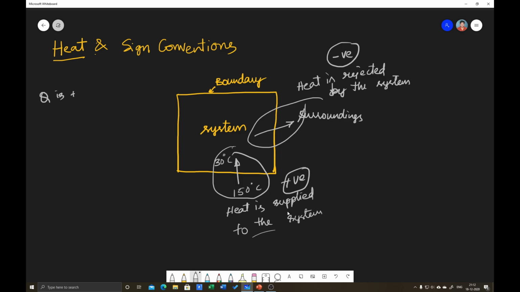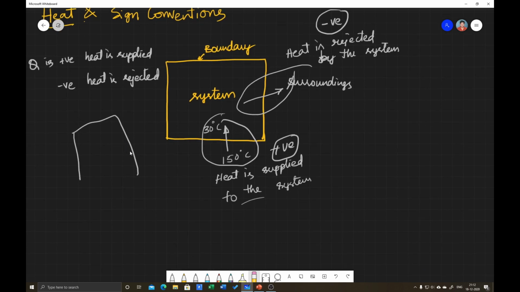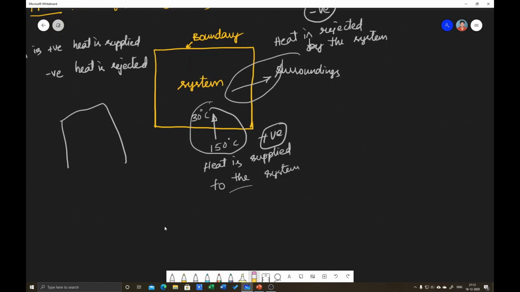So Q is positive when heat is supplied to the system. Q is negative when heat is rejected. You can assume it like this. Say suppose there is an engine.